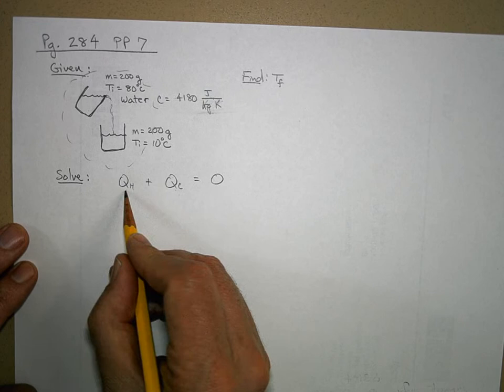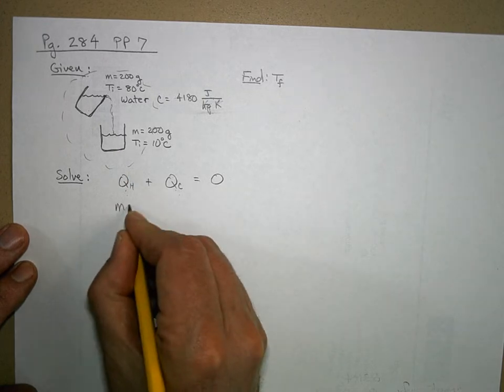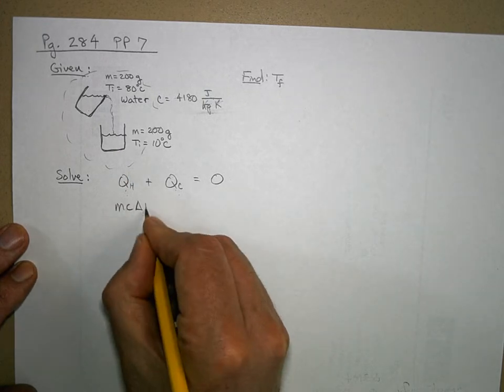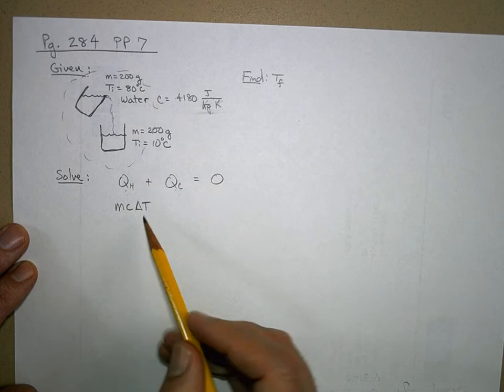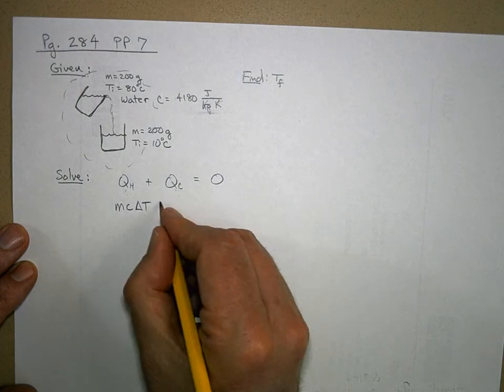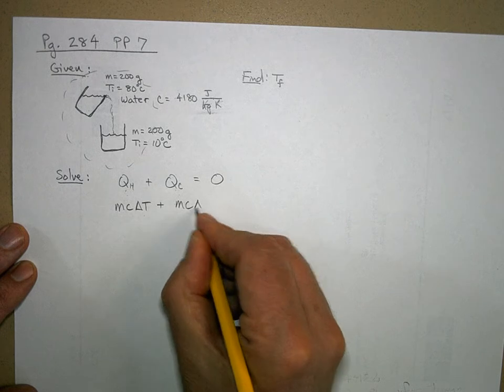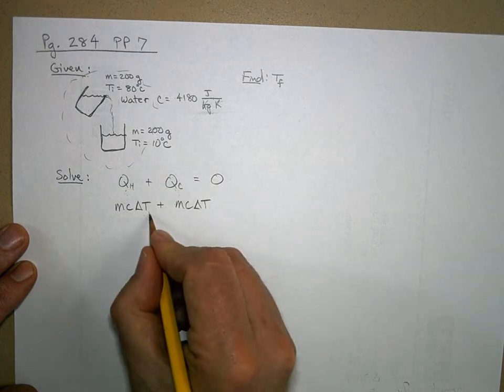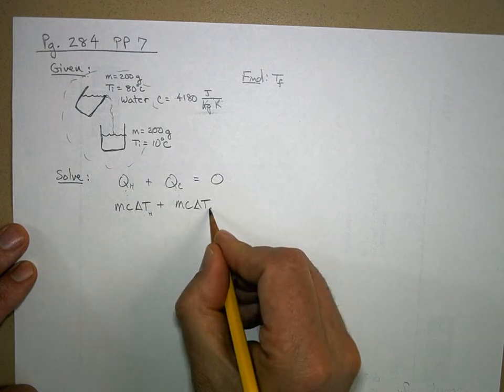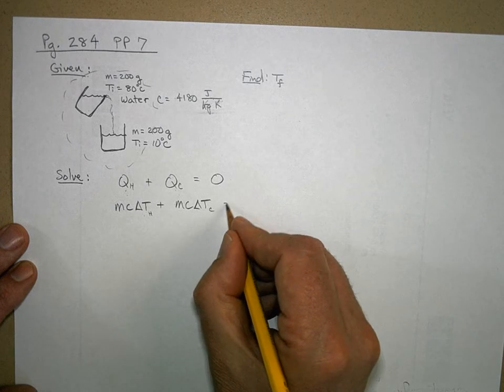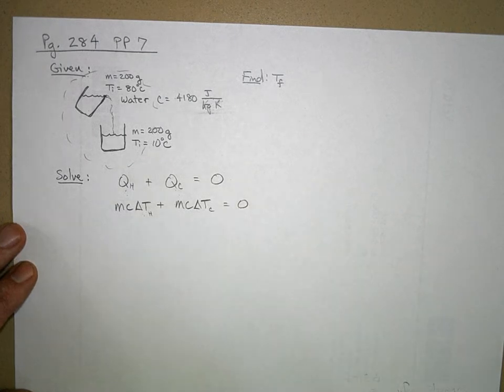So this is going to be MC delta T for the hot water, plus MC delta T for the cold water. I'll just put a subscript H and a subscript cool, and that's going to be equal to 0.